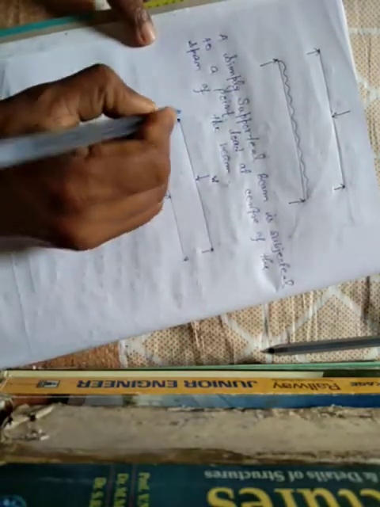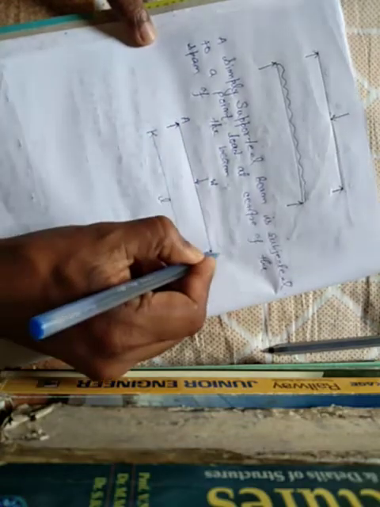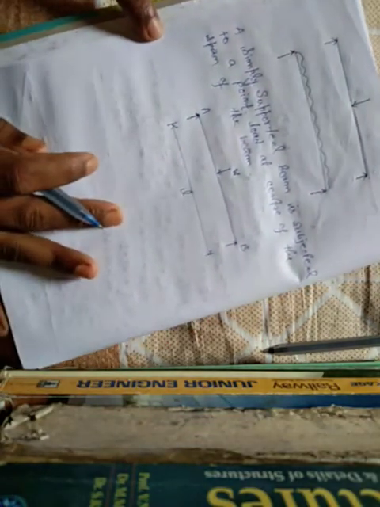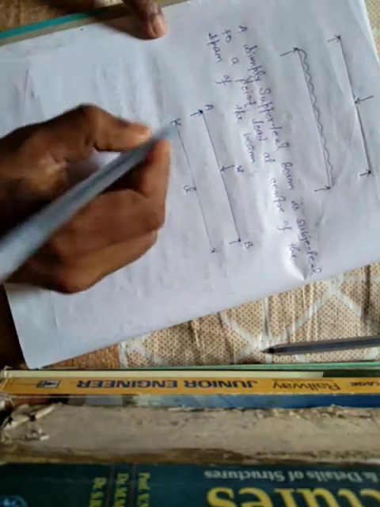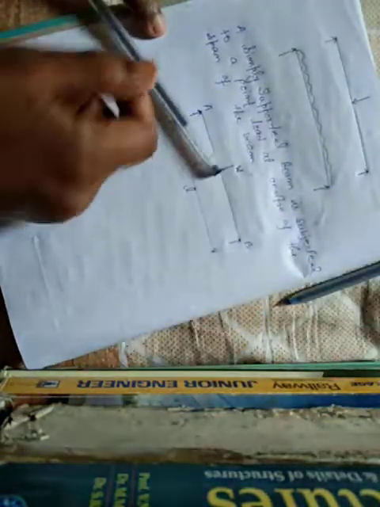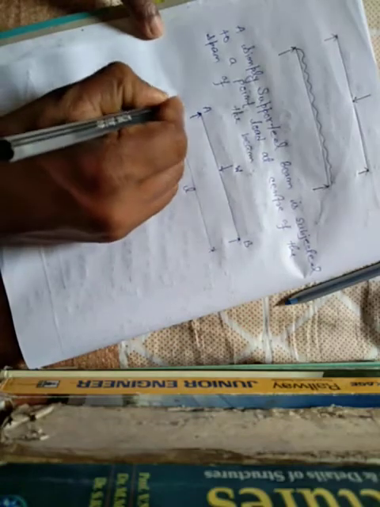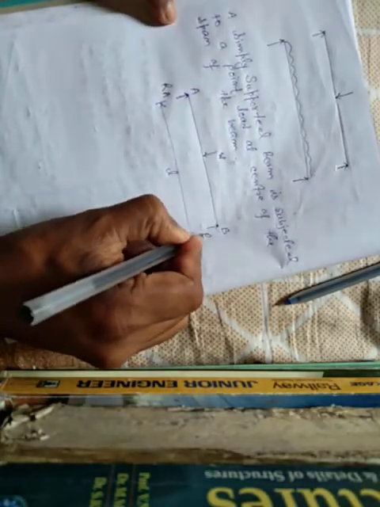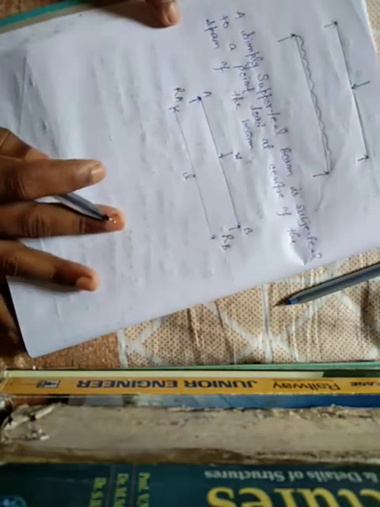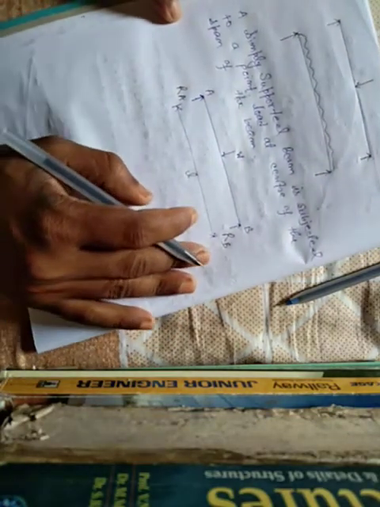Now we have to choose a point A and point B. Now find out the reaction. Reaction at point A, RA, and reaction at point B, which is RB.